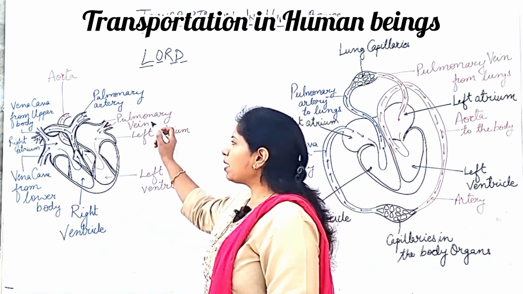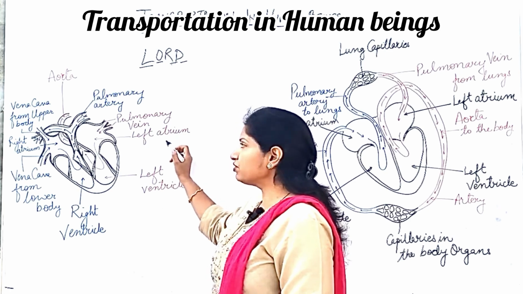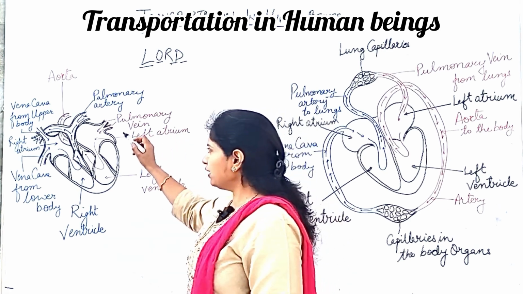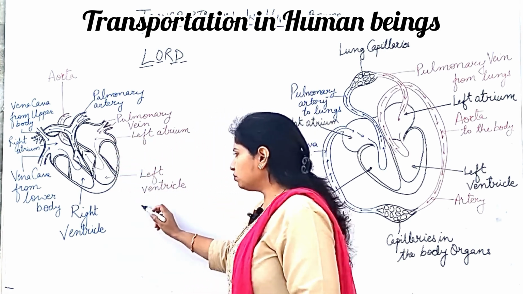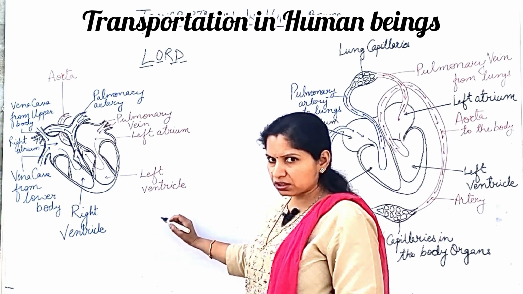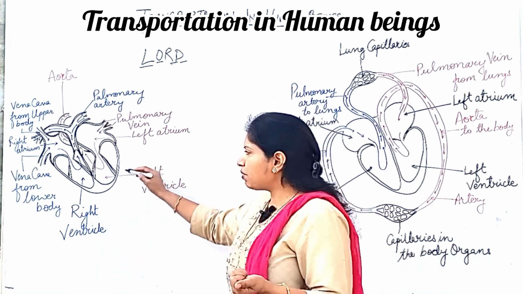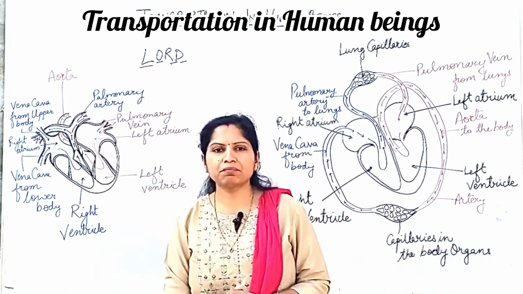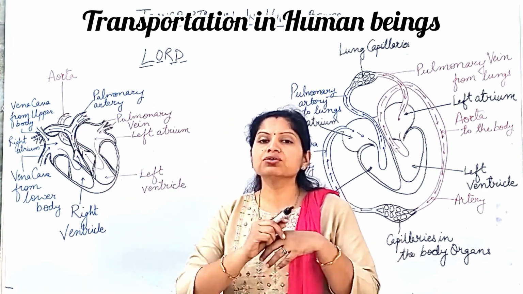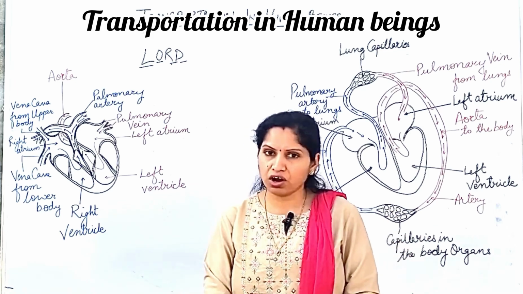Then the pulmonary vein brings the blood to the left atrium. Then from the left atrium, the blood goes to the left ventricle. Now when the left ventricle contracts, the blood passes to the aorta, and passing through the aorta, it reaches each and every cell of our body.